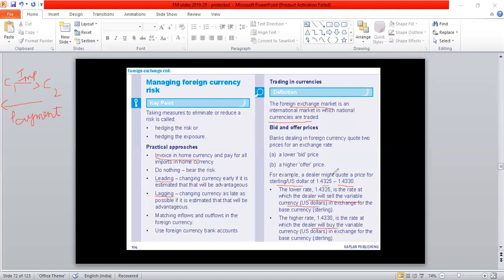The higher rate is the rate at which the dealer will buy. So the lower rate is the rate at which the dealer will sell the variable currency, and the higher rate is the rate at which he would buy.